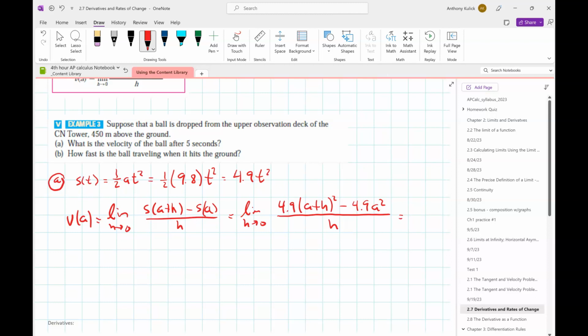Still feeling good? If I'm going too fast, stop me and I will slow down. Or if you're missing the detail, stop me and we can say more. If you feel okay, then we'll keep going. I'm going to FOIL that out and then distribute the 4.9 through.